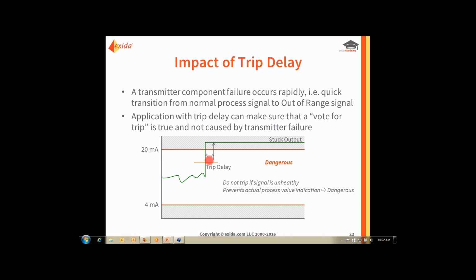If we decide to continue to operate and not go to the safe state, then again, we have a transmitter whose signal can no longer follow the process value. We know it's an unhealthy transmitter signal. We know it's not a vote for trip. In that case, we would be classifying it as a dangerous failure. So a trip delay, or the input filtering or alarm filtering that we can implement, will impact, again, how we classify failures as safe or dangerous.